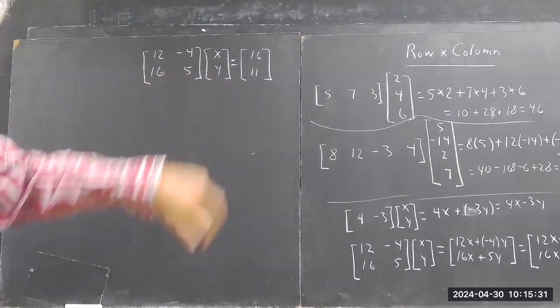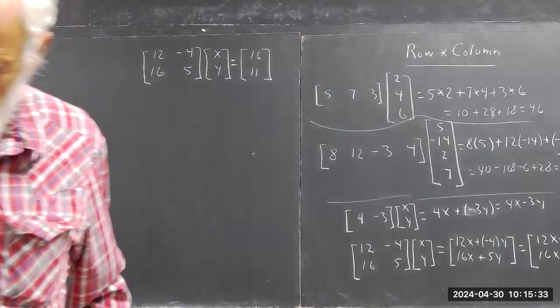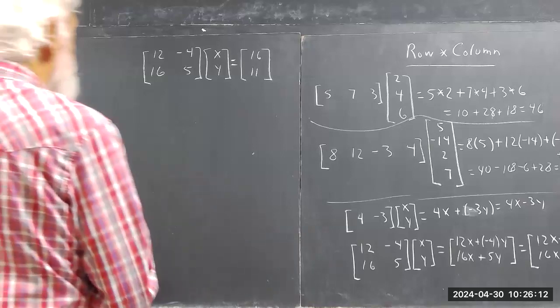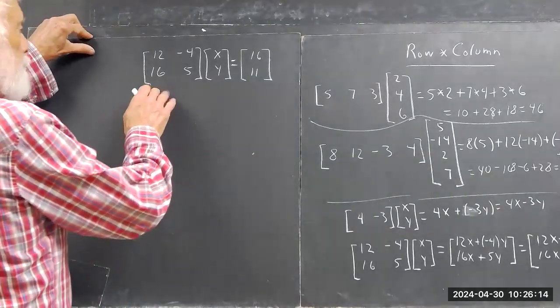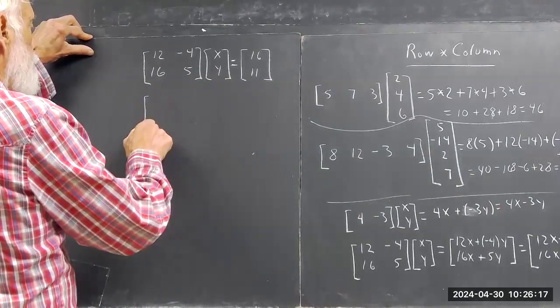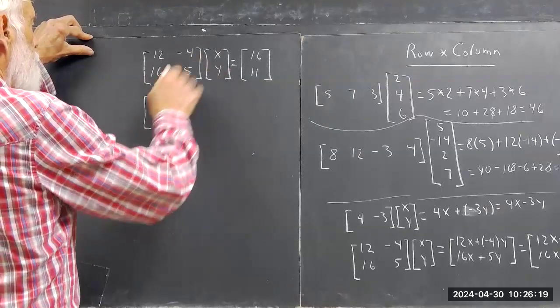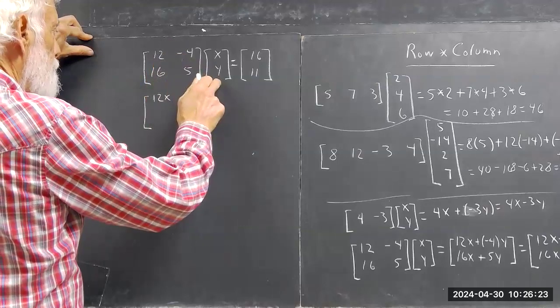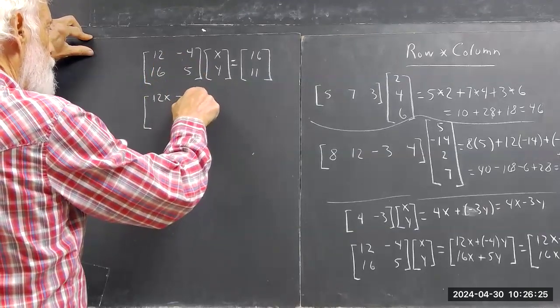Okay, so see what you get if you try to write that out. Okay, so if you do this, 12 times x is 12x minus 4 times y, and we'll just write the minus 4 this time.